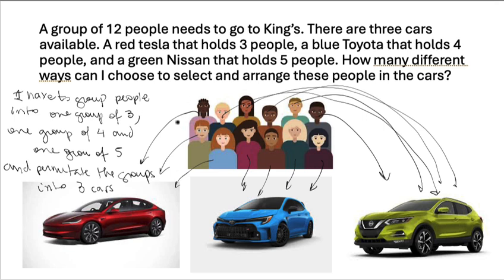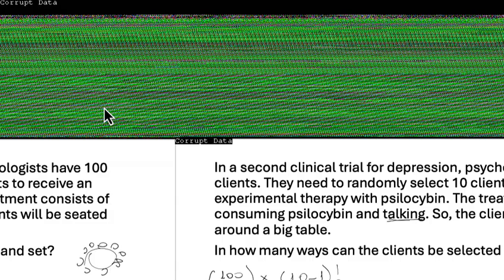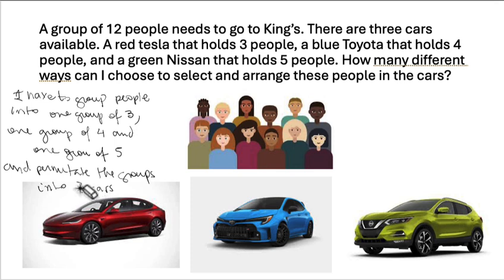Now, when we think about multiple groups, we will introduce yet another notation, which is what we call a multinomial notation, okay? But before I introduce the notation, let me get rid of these arrows.